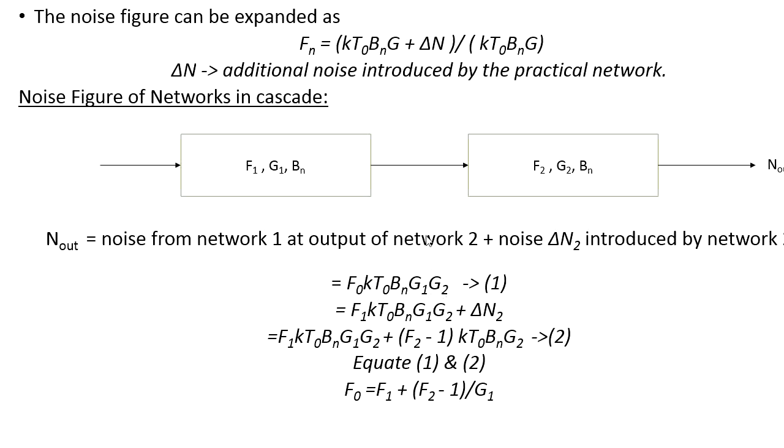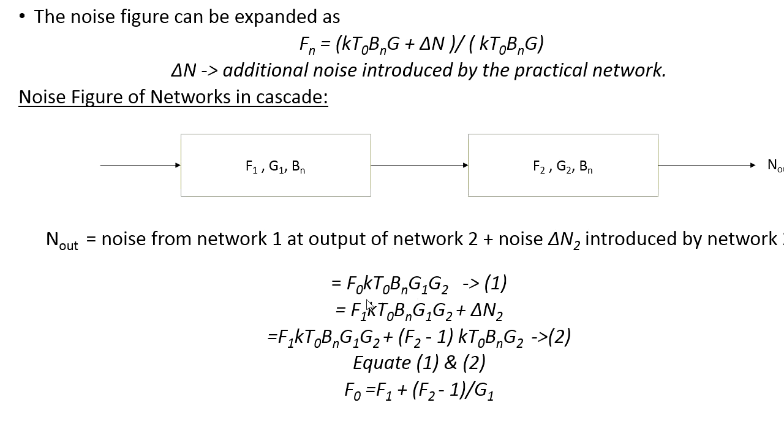This is what I already explained. See here, N out is given as an expression similar to this, and F naught is the total noise figure from the cascading of the two stages of the network.